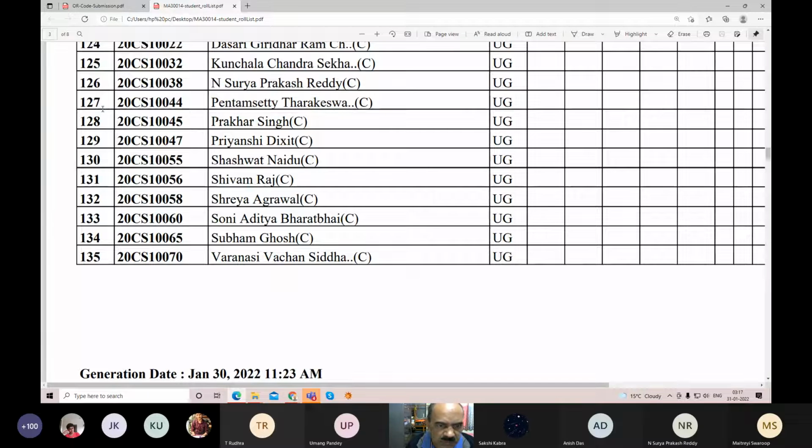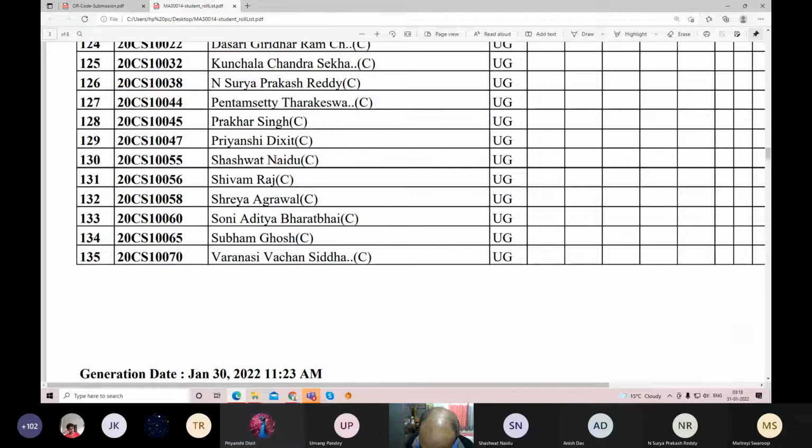126 Surya Prakash. 127 Pentam Sethi, 128 Prakhar Singh, 129 Priyanshu Dikshit, 130 Swasat Naidu. 130 present, you are the group leader. Who are there in this group? 129 Priyanshu Dikshit also present. You know Professor Somesh Kumar, isn't it?